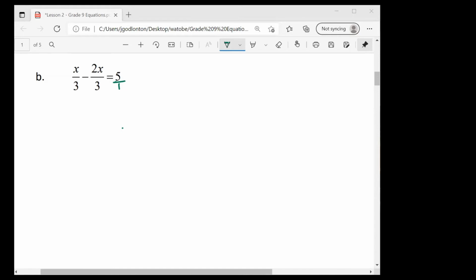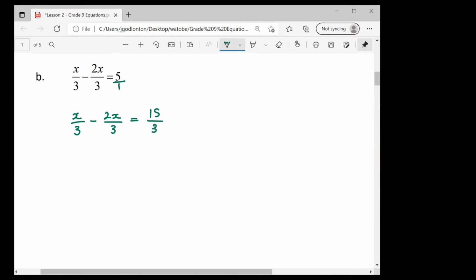We say x over 3 minus 2x over 3 equals 5 over 1. Which will be, we drop the denominator, we find the lowest common denominator, which is 3, and then it'll be x over 3 minus 2x over 3 equals 15 over 3.